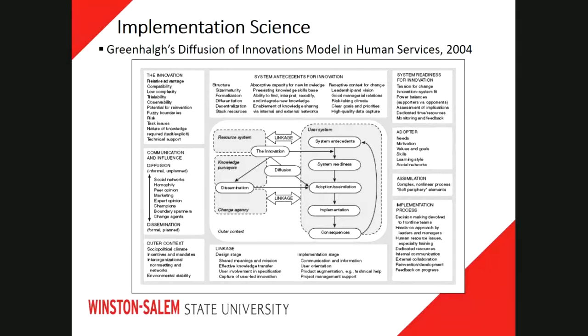However, you can see that there are various components and there are subcomponents that are listed that speak to considerations to be given. So, for example, when you're looking at the innovation, you have to think about its relative advantage, how complex it is. Can it actually be piloted and trialed? What are its risks and benefits? And do the benefits outweigh the risk? What are the task issues? How much time is it going to require?